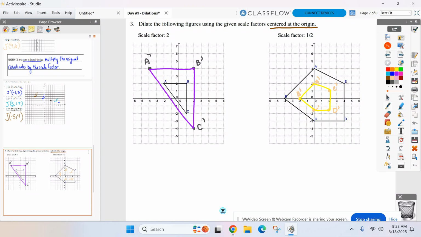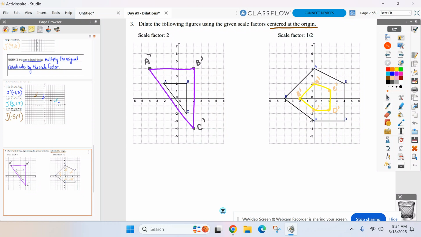You have to do that. Okay, everyone good on this one here?